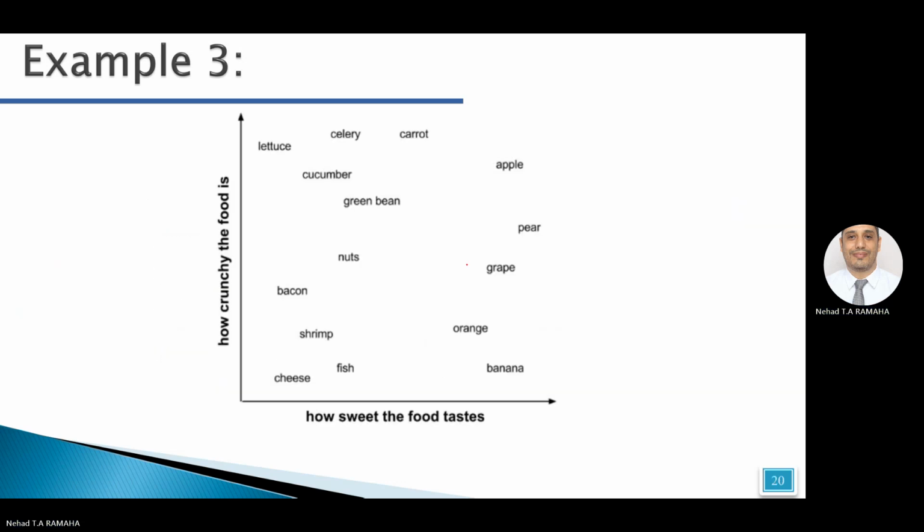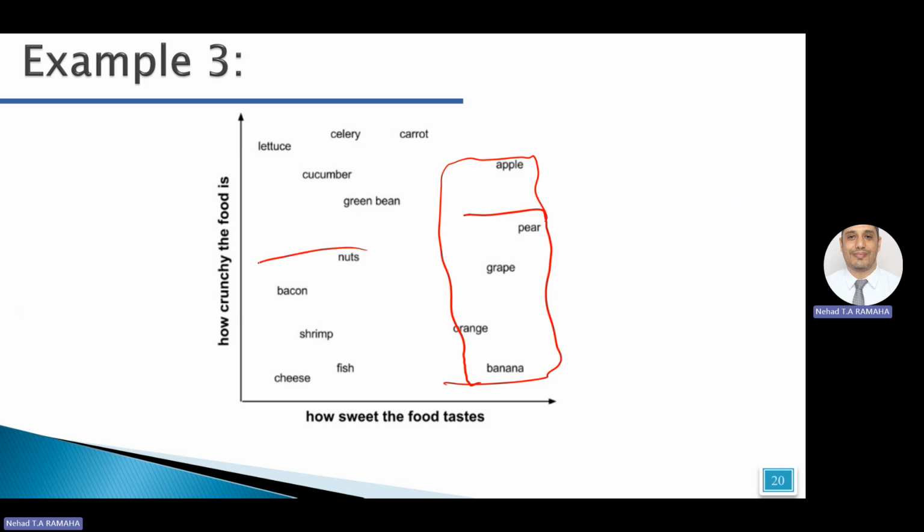So this is the data, okay? This one is a fruit, this one is a protein, and here's a vegetable. So we have a new item here, which is tomato.